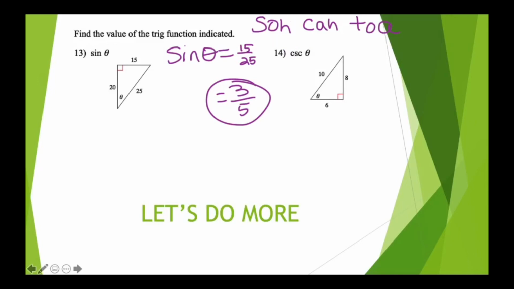Sine was opposite over hypotenuse. So the opposite is 8 over 10, which is the hypotenuse, but we need to take the reciprocal, which is 10 over 8. We're going to take 2 out of all of those, and we'll have 5 over 4.